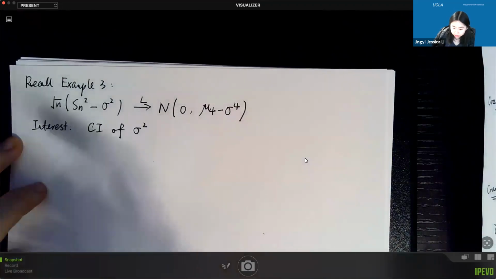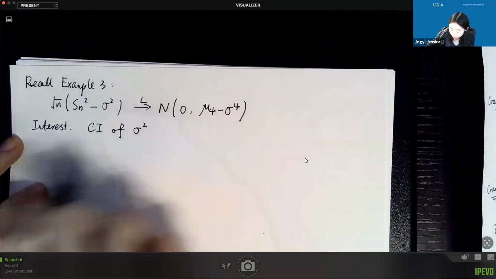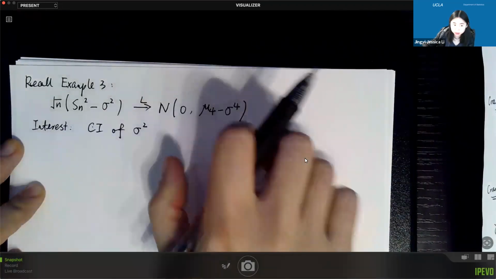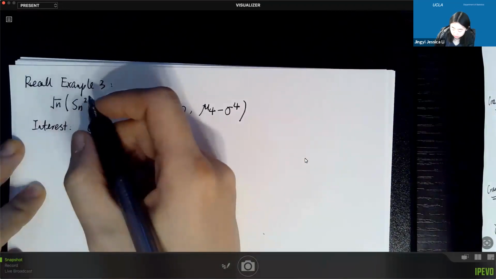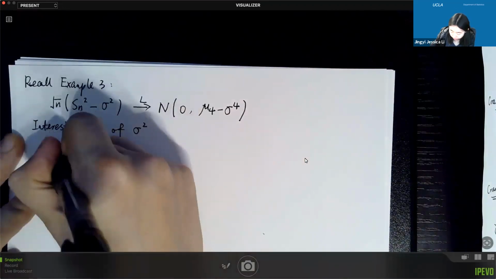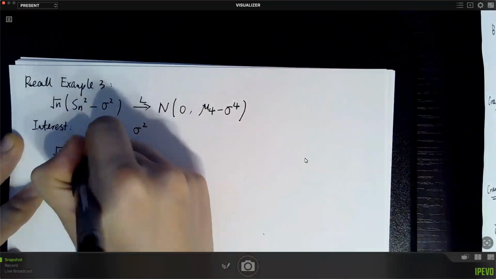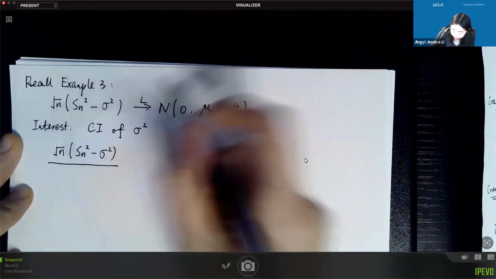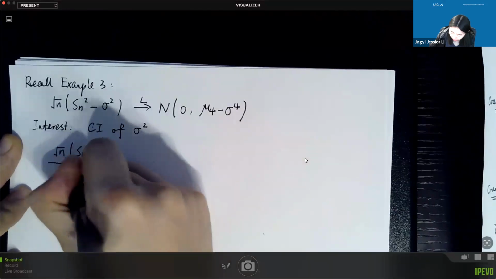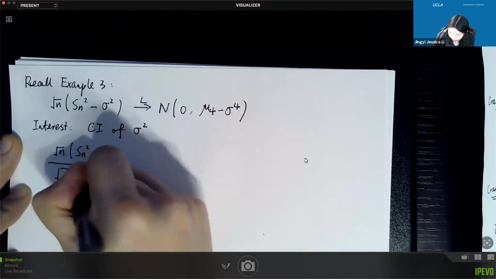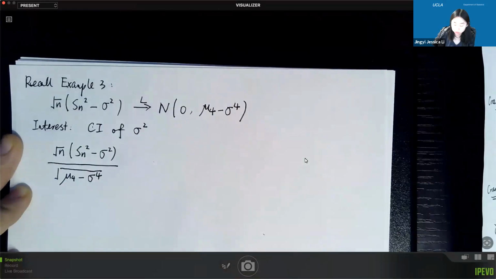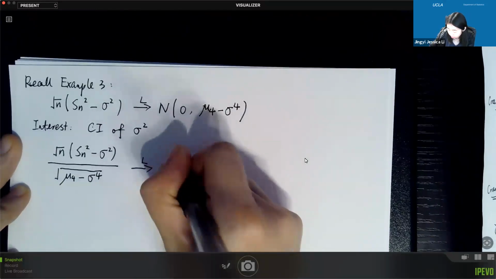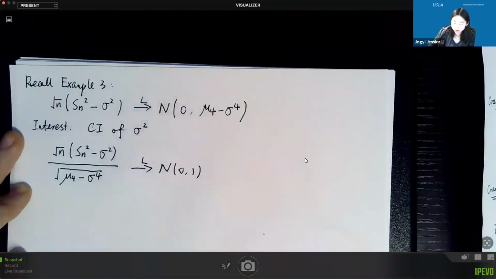We can move this variance term to the left-hand side, so the right-hand side becomes standard normal. That's standard practice. So root n times (Sn squared minus sigma squared) divided by the square root of (mu4 minus sigma fourth) converges in law to standard normal, right?